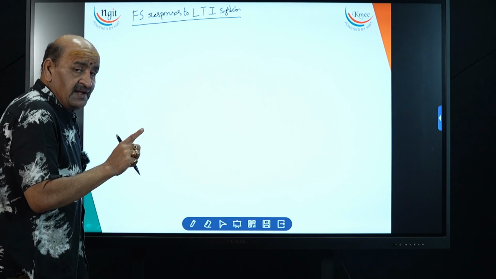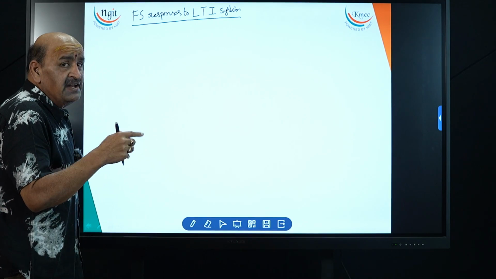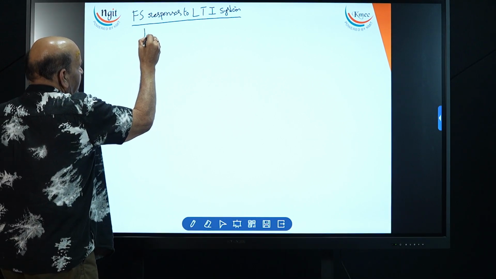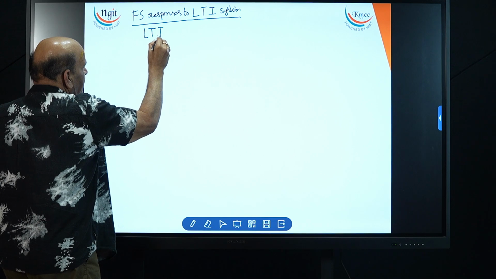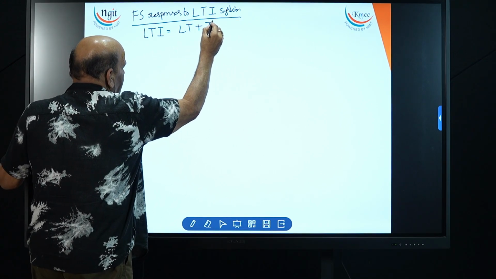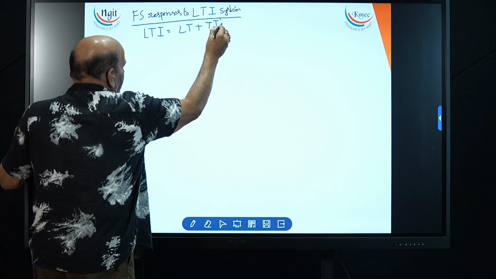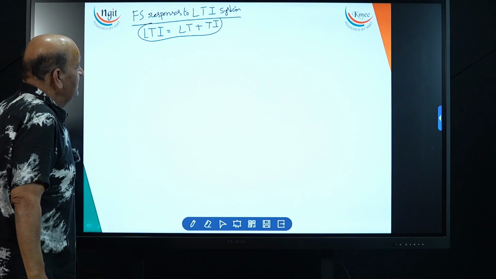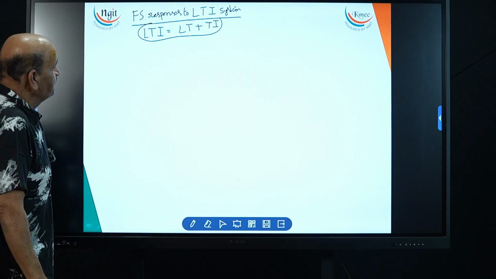One is linearity, another one is time invariance. These two concepts, no need to write again. Students should remember this. A linear time invariant system is a linear system plus a time invariant system. That is called linear time invariant.